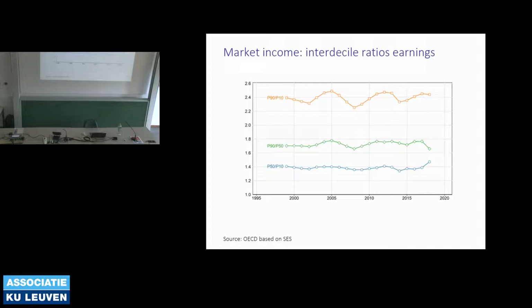Toon is sitting there. And what we see, it's all in the eye of the beholder, of course, but we see a rather stable trend in the interdecile ratio of the earnings. Remember, individual perspective only in firms with more than 10 employees. So this doesn't tell us anything about retired people or about people in unemployment or people in small firms.